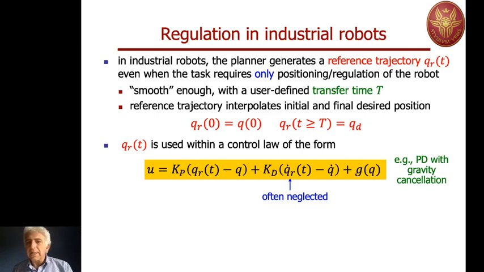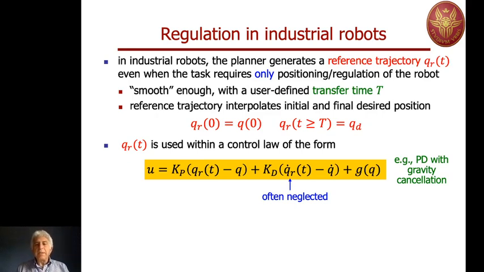A PD plus gravity compensation, a PID, or gravity cancellation, and so on. For instance, if we are using PD with gravity cancellation, now we replace wherever there was a QD or a QD dot which was 0 because QD was constant, you're using the reference trajectory at the given time and its derivative, which is typically non-zero, which is non-zero in fact.